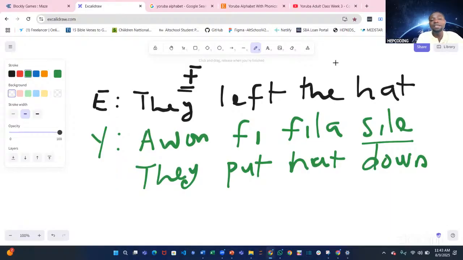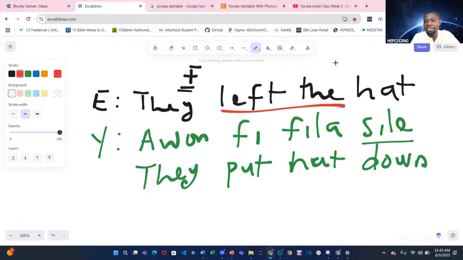But if we do direct translation, it's going to be àwọn fi sílẹ̀ fìlà. That makes no sense in Yoruba. So you have to pay attention to where the noun is. You can see how English is putting the noun first most of the time.